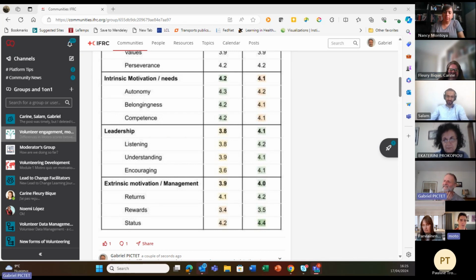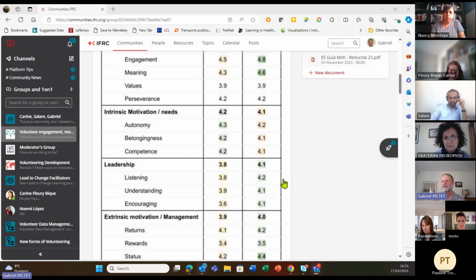And then there was the second one, which is about leadership, where there are, I think, larger differences. So yes, maybe the second one is. So Irina was saying that the differences in leadership are about a feeling of being listened to, of being understood, and being encouraged.